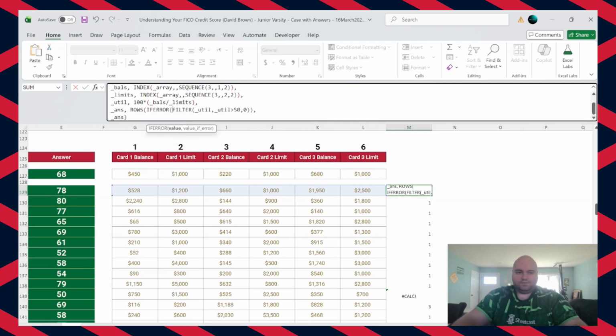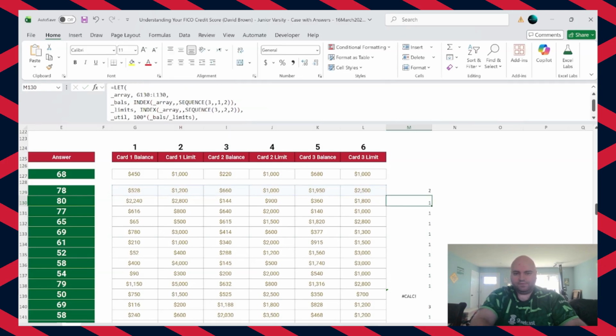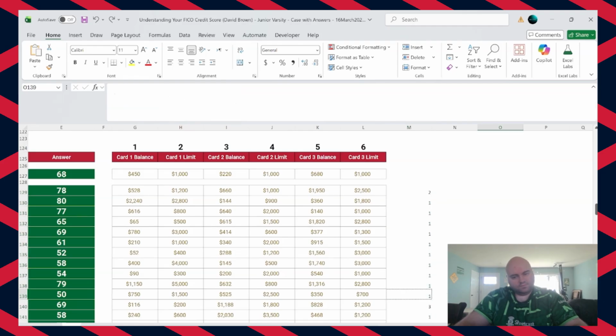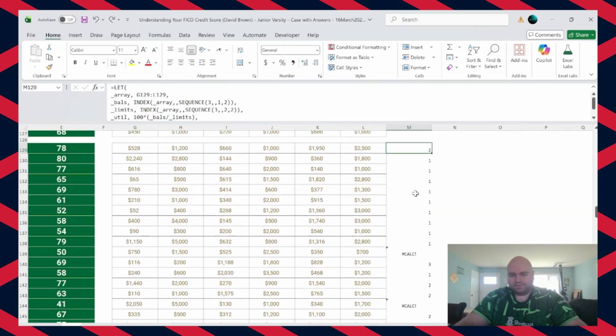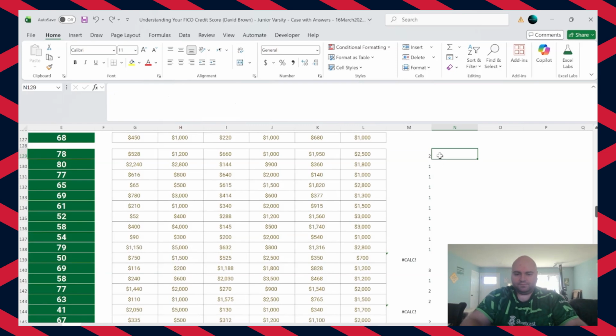If error, value if error 0. I did not have this problem on my practice run. Okay.